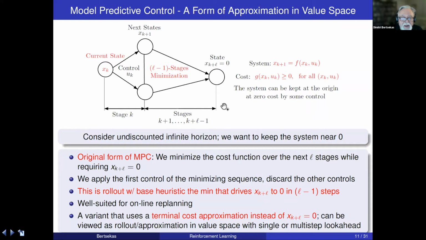So now what we have is an approximation in value space with L step look ahead and cost function approximation. And we can also extend the look ahead by using some kind of a base policy for rollout. This is a broad context for applying MPC. And in fact, the MATLAB toolbox for MPC uses this type of scheme with terminal cost approximation and also with rollout, which is exactly the AlphaZero type of architecture.